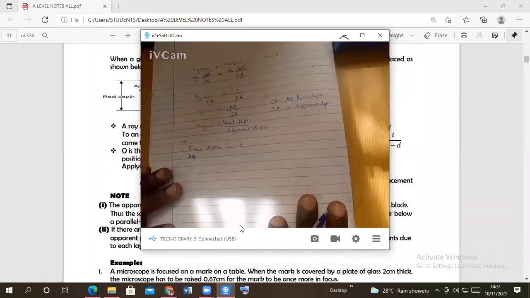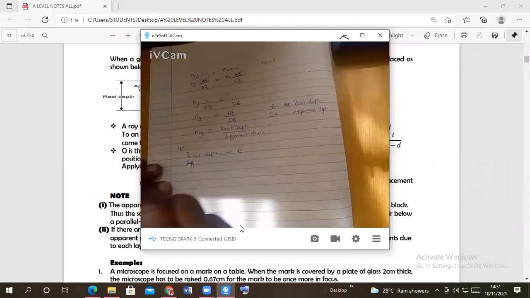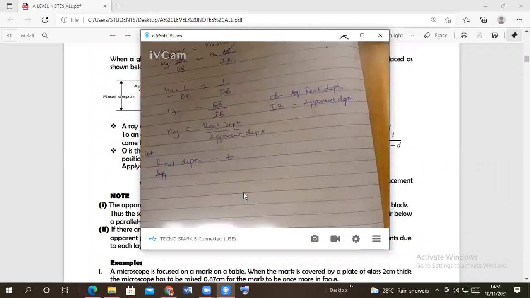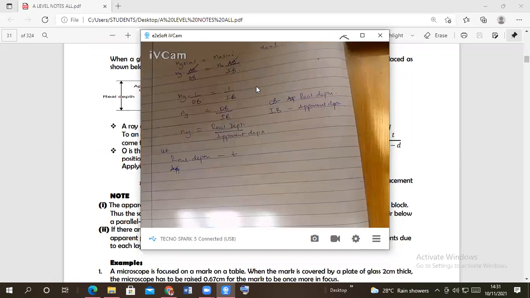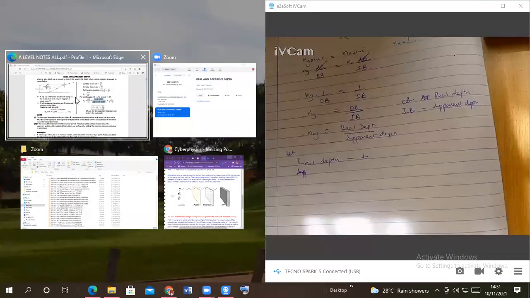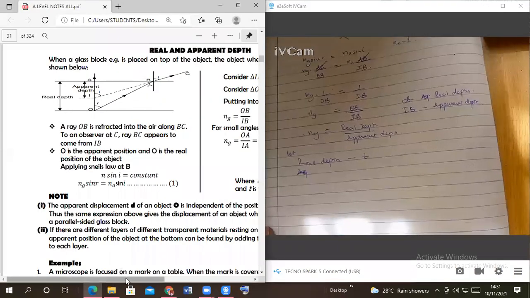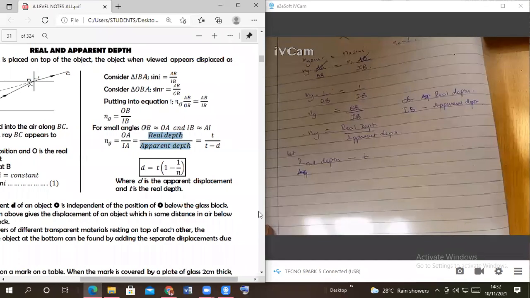Okay. All right. So this is the real depth. I think let me go back to this other normal method. So this is the real depth, which is T. So how do we get the apparent depth?